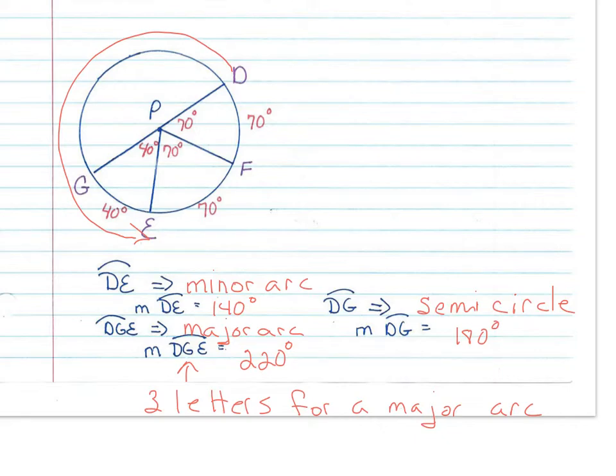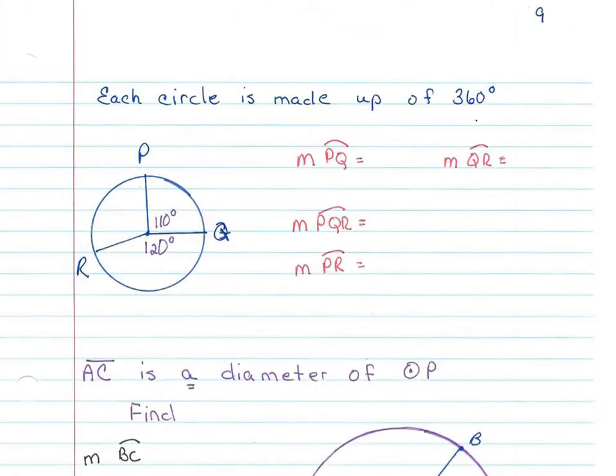All right, let's look at the next. We've already said each circle has 360 degrees. So what is the measure, Hannah, of arc PQ? 110 degrees.